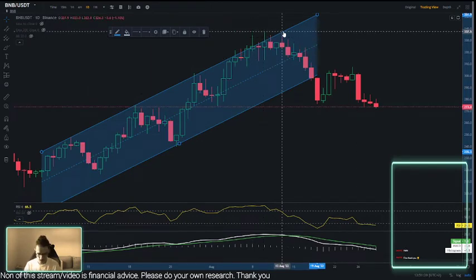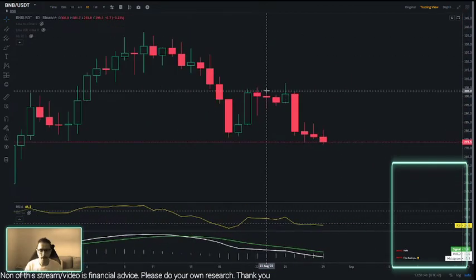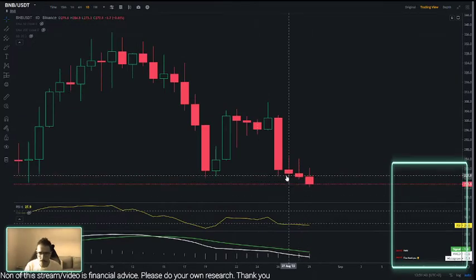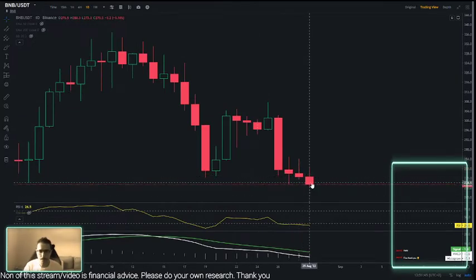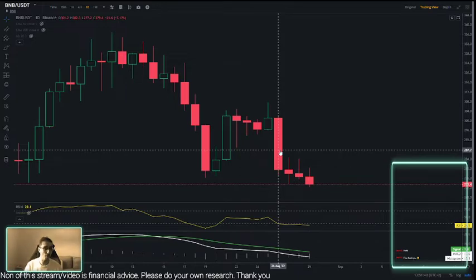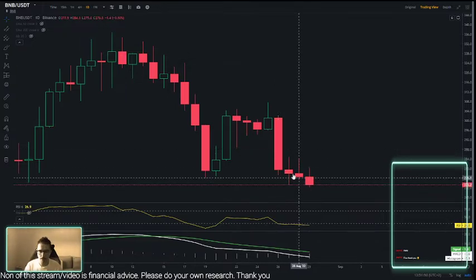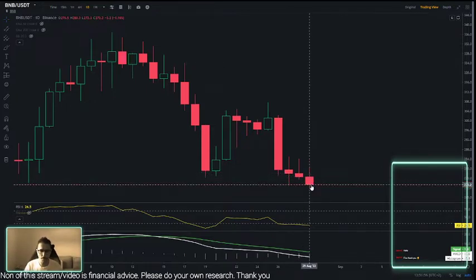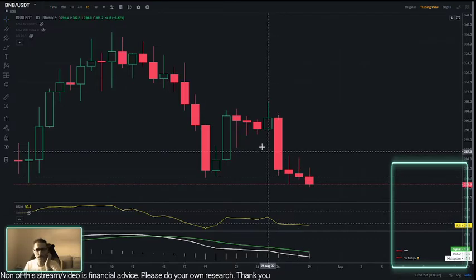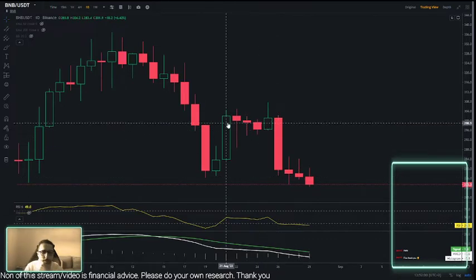So this is not working. What we are seeing here is 3 in a row, again 4 in a row red candles, where we are not able to close above the previous one. So once again, I don't recall what this is called, but this could mean something like that, right?